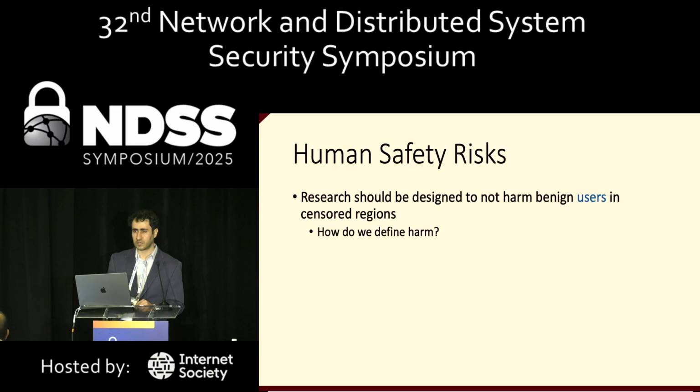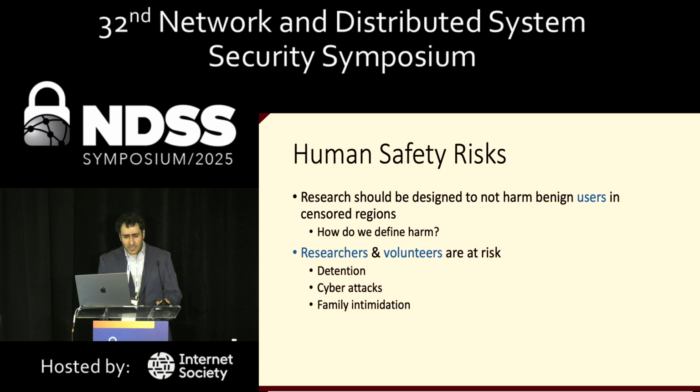Let's say you send traffic which contains a forbidden keyword to a Chinese user, and the next day that user is knocked on the door by the officials because they think they sent the traffic, right? Therefore, in developing your research methodology, you need to take extreme care in designing safe measurement techniques.